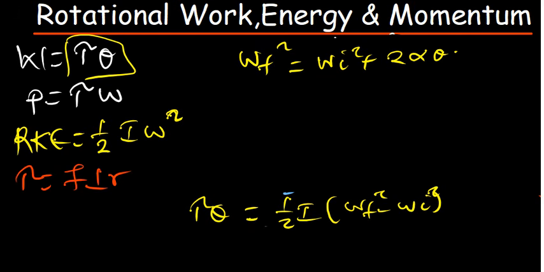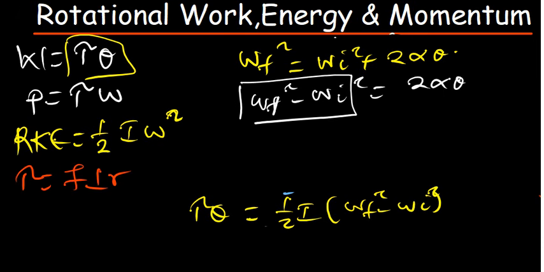I'll shift the initial to the other side, then I'm going to have the final squared minus initial squared equal to 2 alpha theta. So I'm going to replace this with 2 alpha theta.